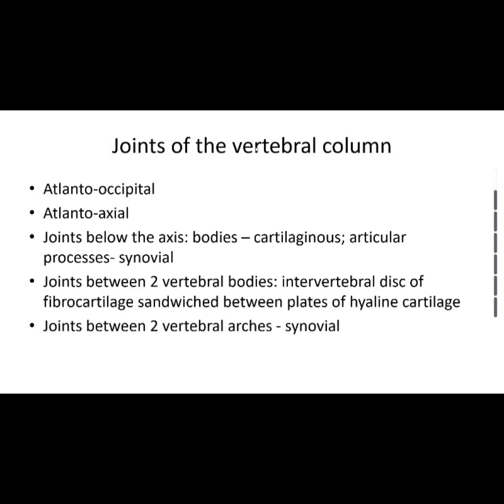Through that joint, you are able to bend your head up and even extend your neck. Most of the time when you're doing that, it is at the atlanto-occipital joint. The atlantoaxial joint is between the atlas and the axis, the second cervical vertebra.